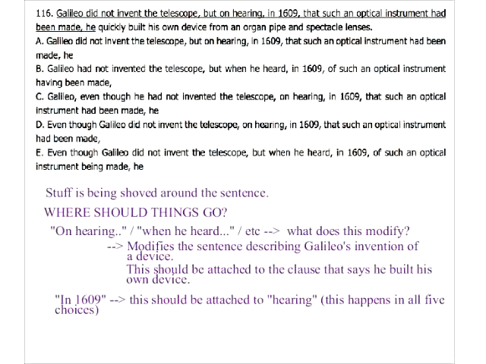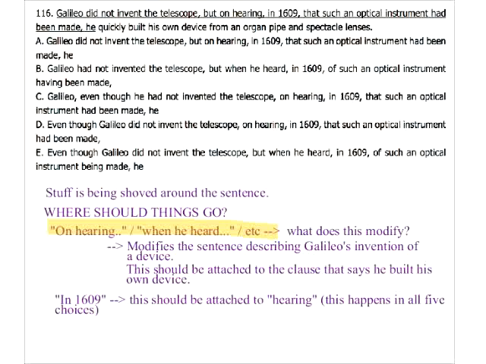So let's take a look at the way these sentences work. Here's on hearing in 1609. That's a smaller highlighter than I would like. Okay. There's that modifier.